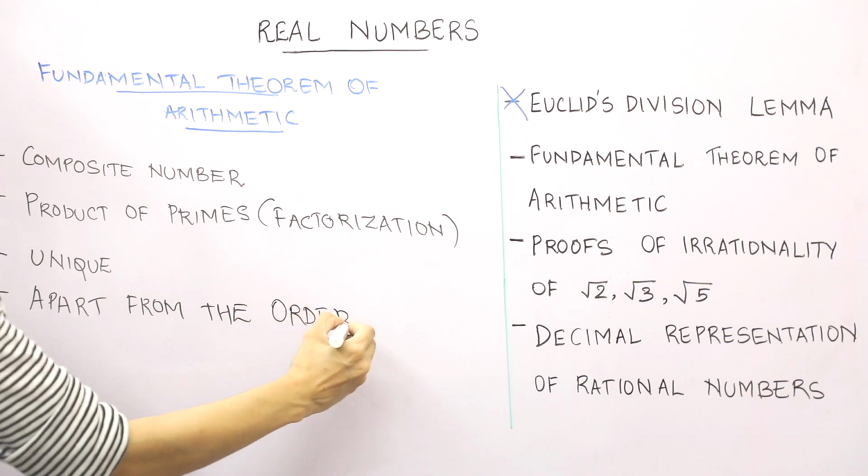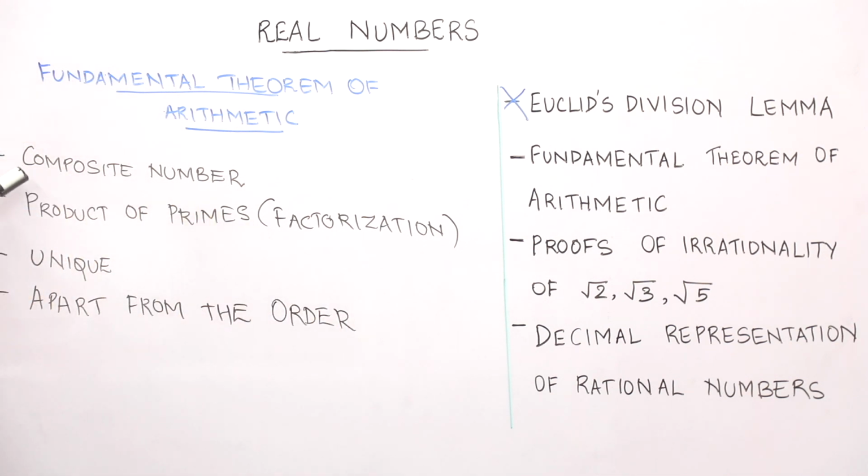So the theorem states that every composite number can be expressed as a product of primes. This factorization is unique apart from the order in which the factors occur.